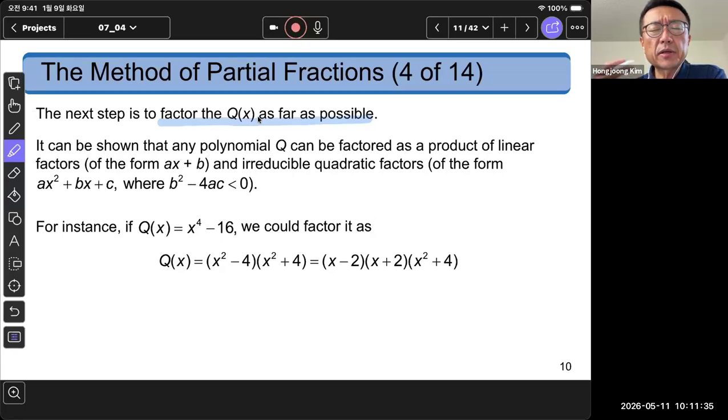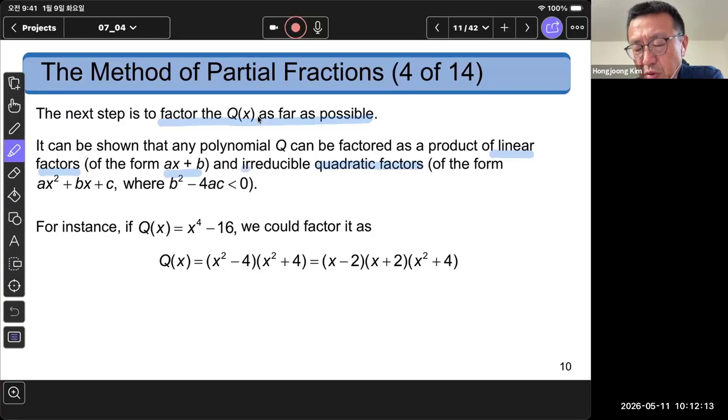When I say the factorization of q of x, if q of x is a polynomial, then this denominator q of x will always be factored into a product of linear factors of the form ax plus b type and irreducible quadratic factors.